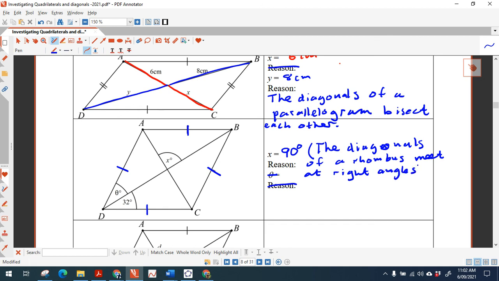Now, another word for meeting at right angles is perpendicular. So you could say that x equals 90 because the diagonals of a rhombus are perpendicular. We'll write that down in a minute.